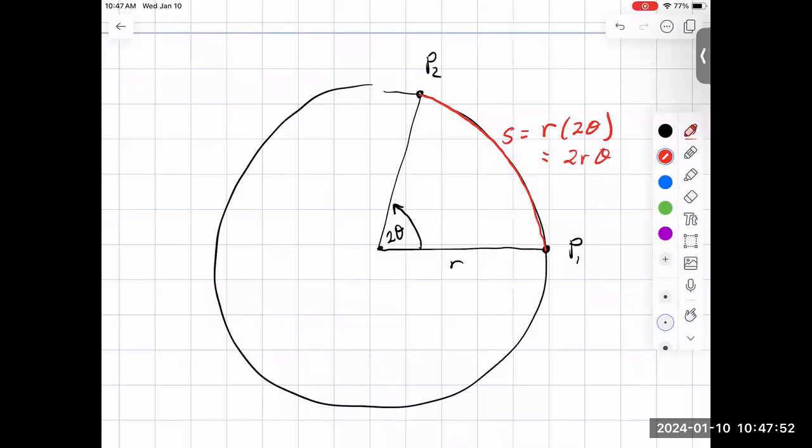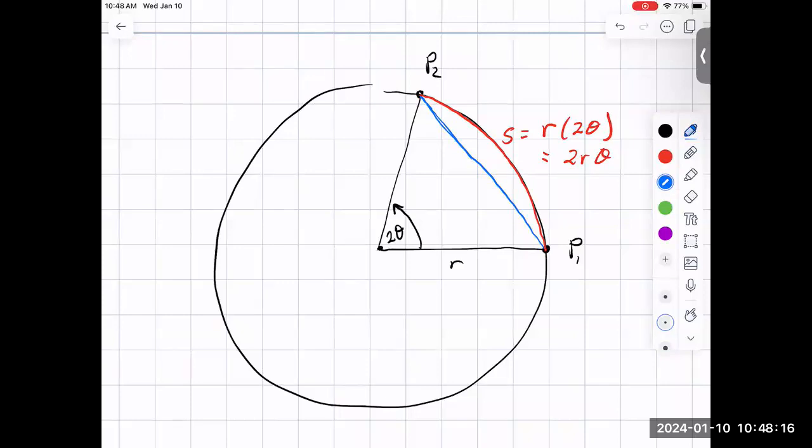All right, and then what I want to do is compare that to this blue straight line distance between the 2 points. Okay, it's immediately obvious that the length of the blue line is less than the length of the red arc. But I want to compare them.